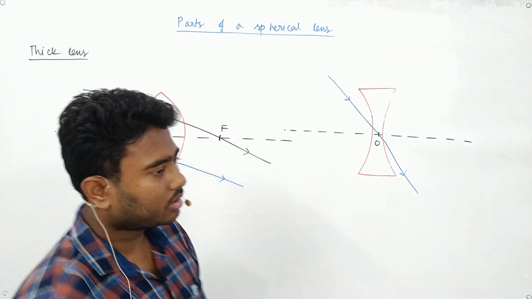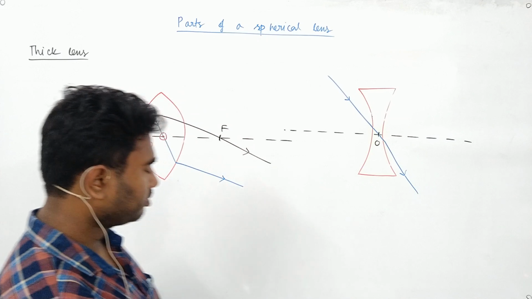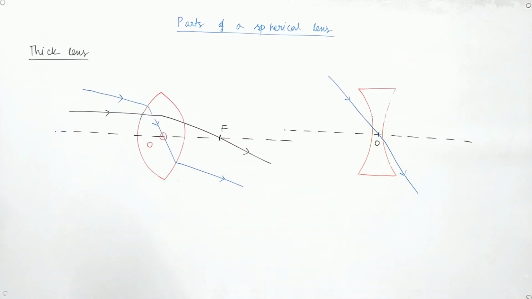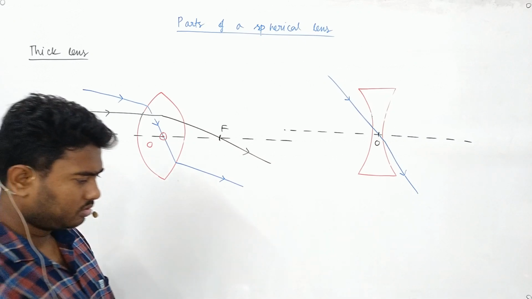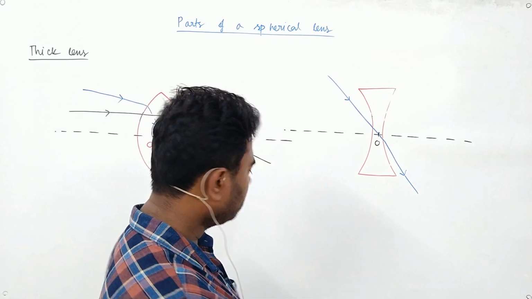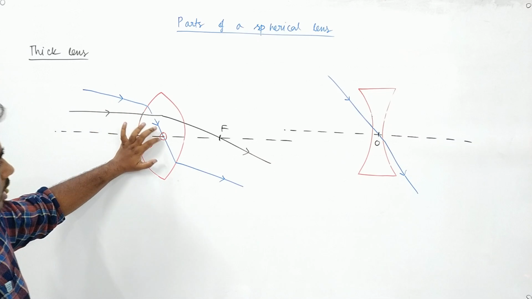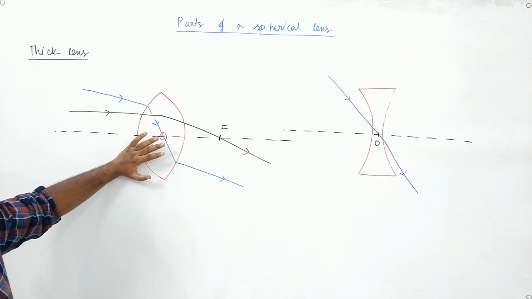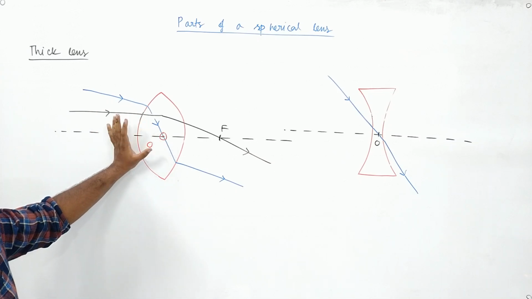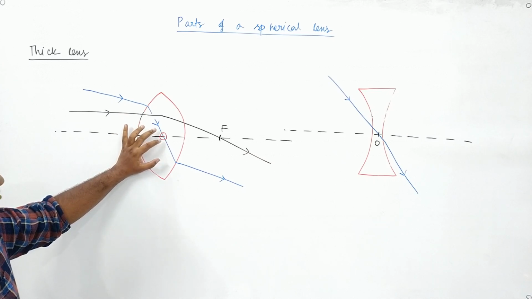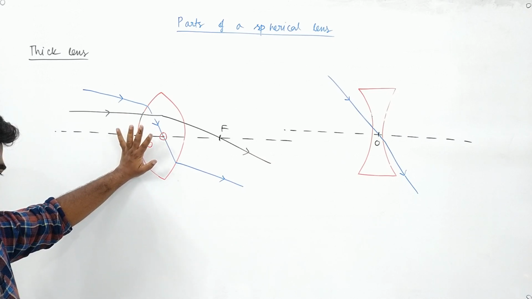If anyone is having any question, ask me. Sir, in the optical, the ray was coming through it. The ray is coming and passing through the lens. See, it is not necessary that the optical center will be in between the lens. That is also not necessary.